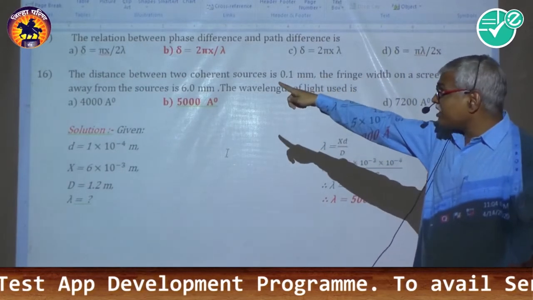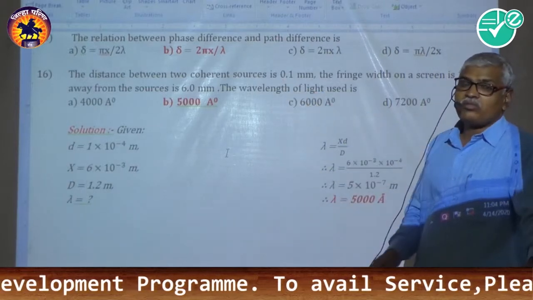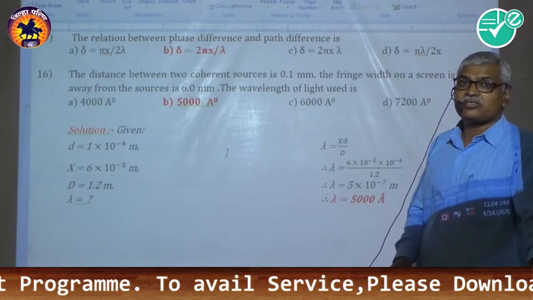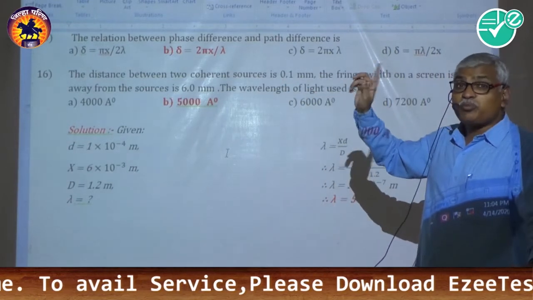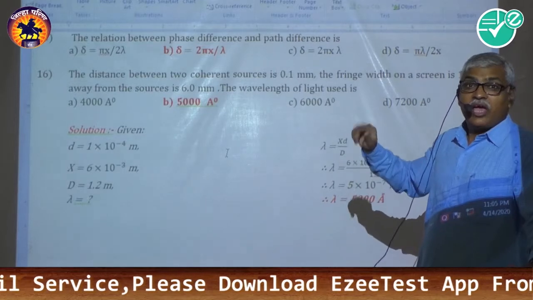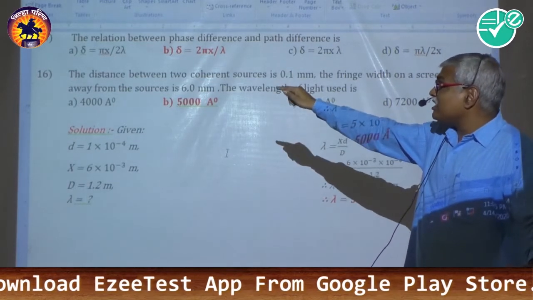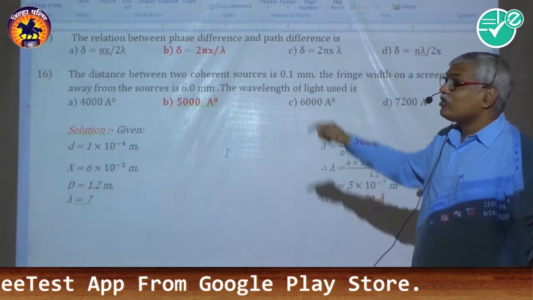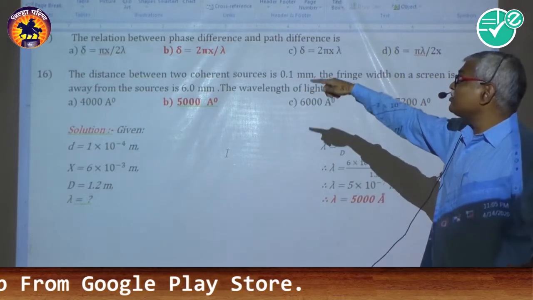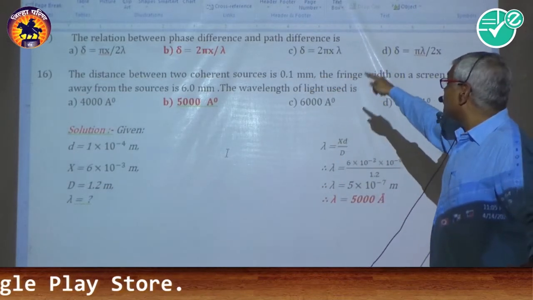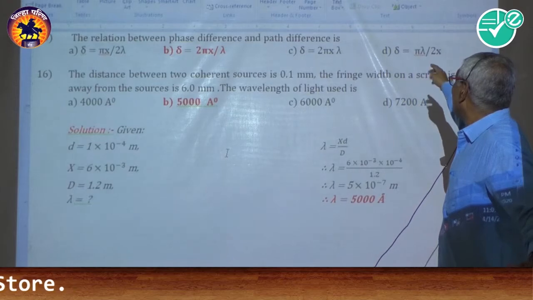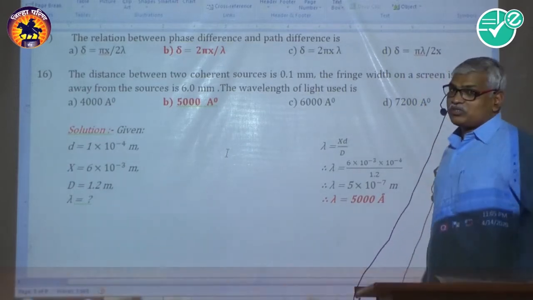Note that delta is the symbol for phase difference. Lambda corresponds to wavelength, and x corresponds to path difference. Now, is delta equal to pi x upon twice lambda? Is delta equal to 2 pi x upon lambda? Is delta equal to 2 pi x into lambda? Is delta equal to pi lambda upon x?